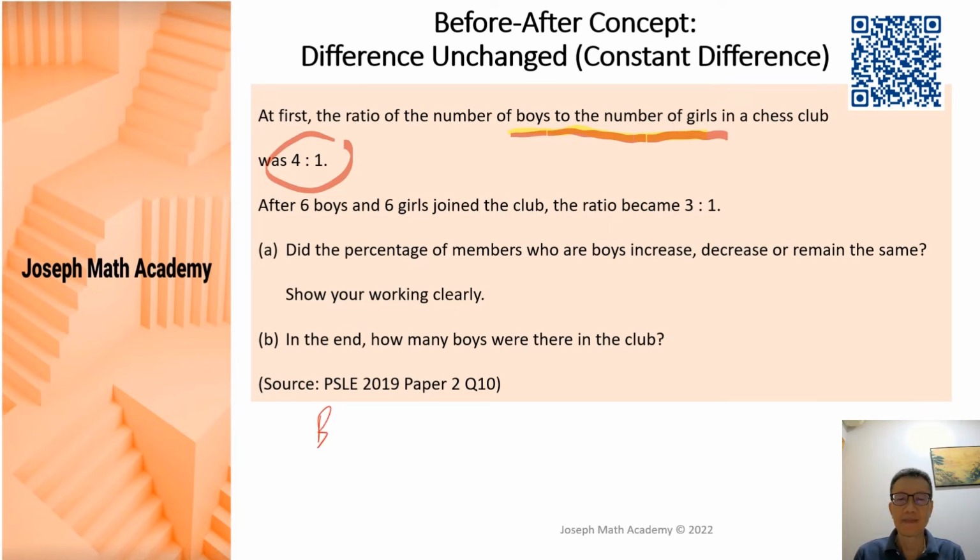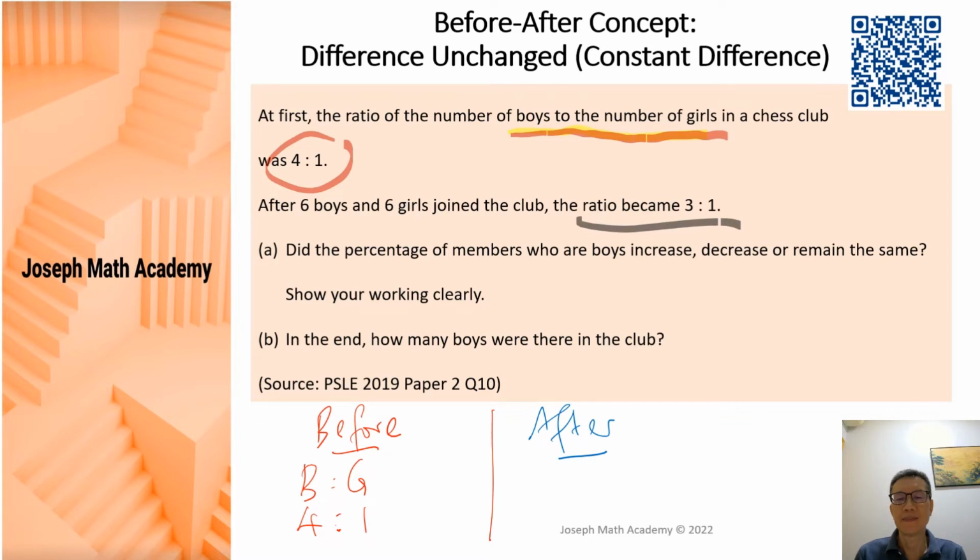Before, boys to girls is 4 to 1. Then I'm going to write down the after ratio. The ratio became 3 to 1. So again, boys to girls, 3 to 1.